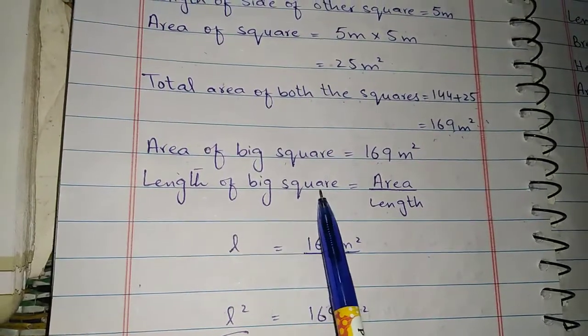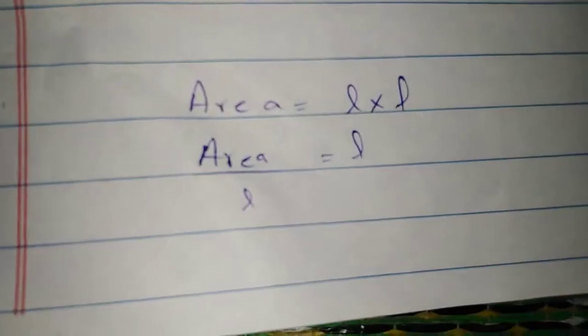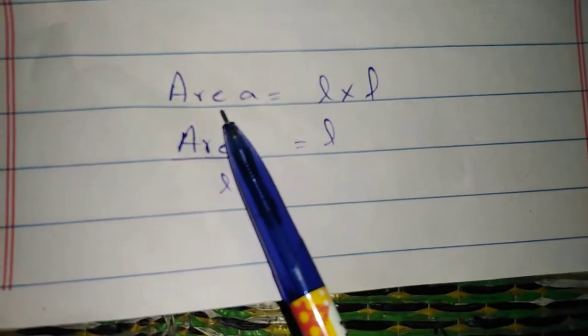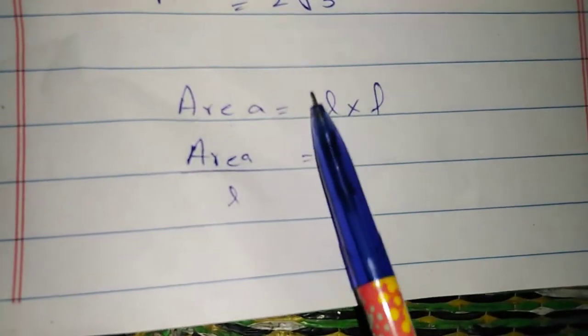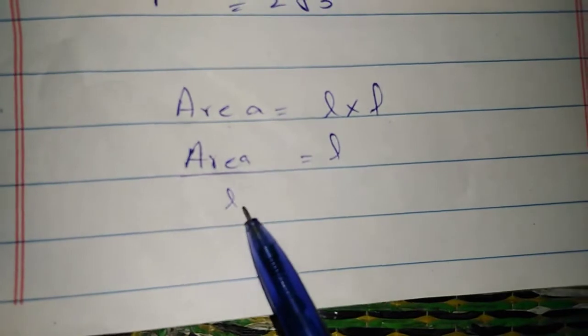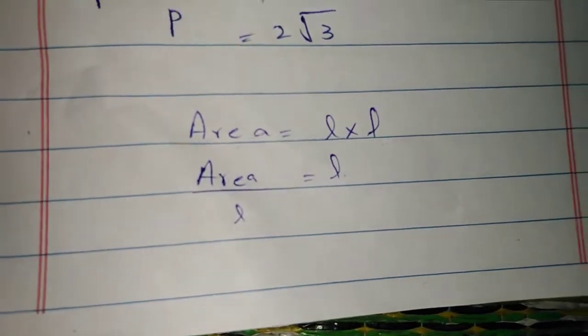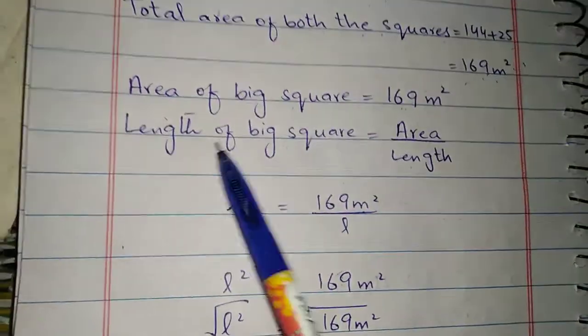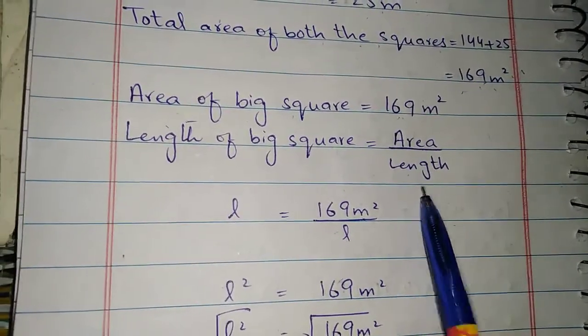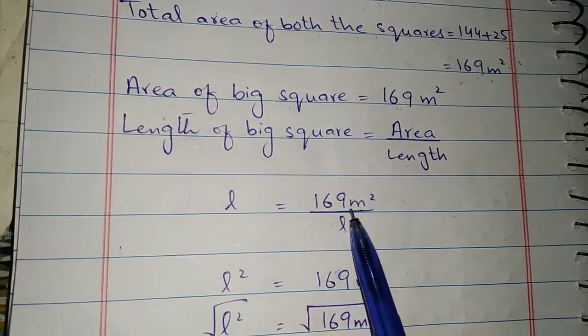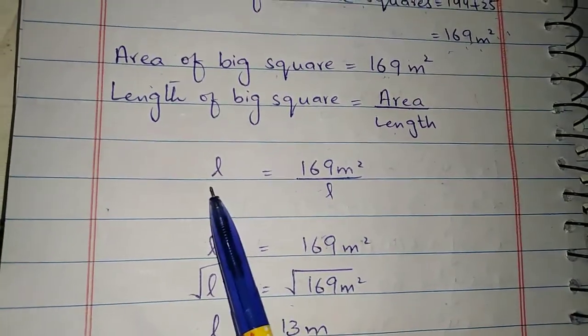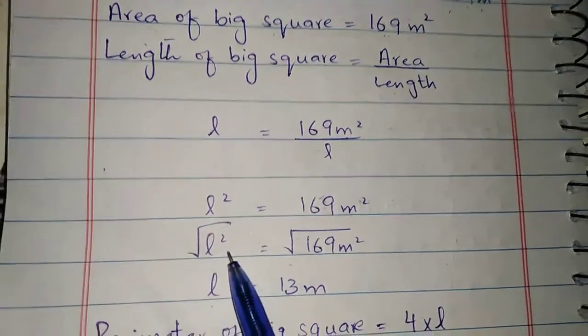Area of a big square is 169 meter square. How will we find the length of a big square? As we know that area of a square is equal to length multiplied by length, L square. After cross multiplication we get L square is equal to 169.